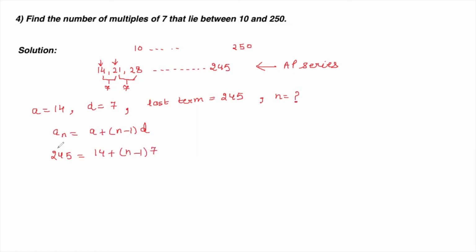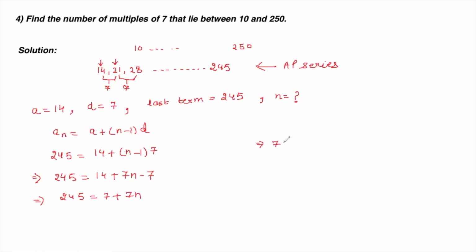Why have I put an = 245? Because I need to know the number of terms only till 245. I hope it is clear now. So 245 = 14 + 7n - 7, or I can say 245 = 7 + 7n.